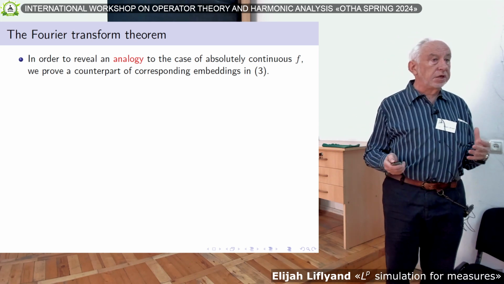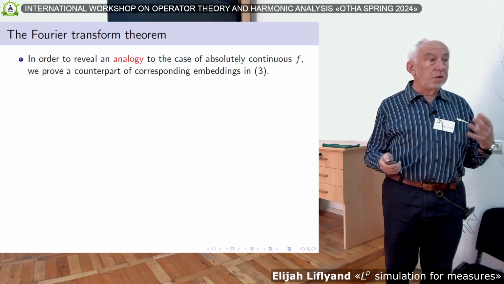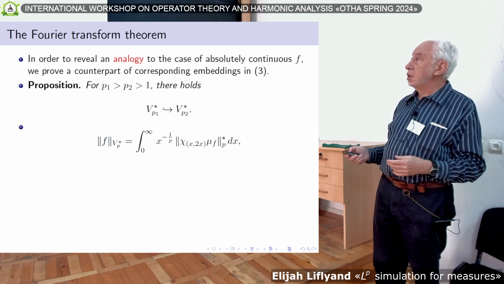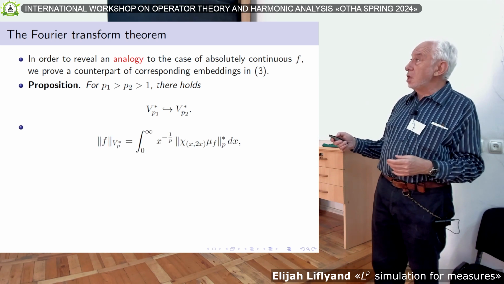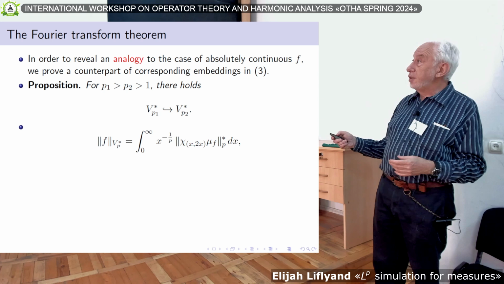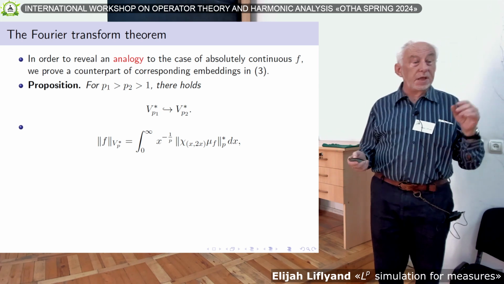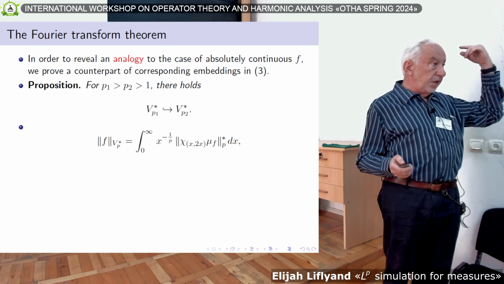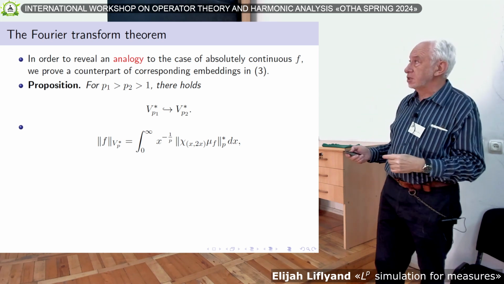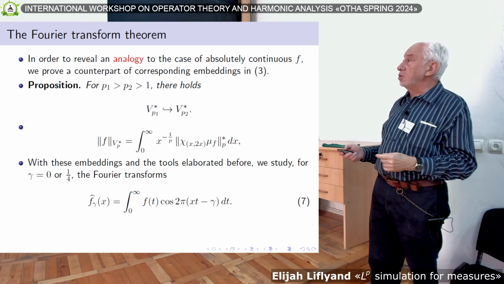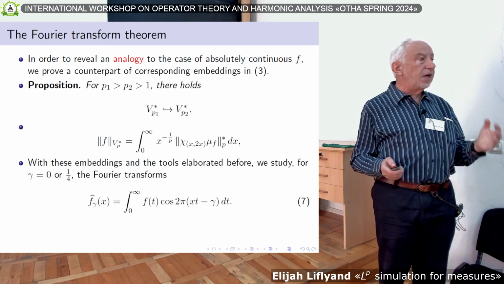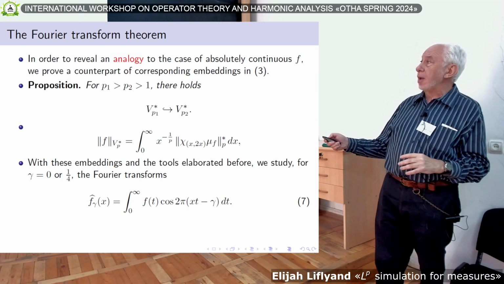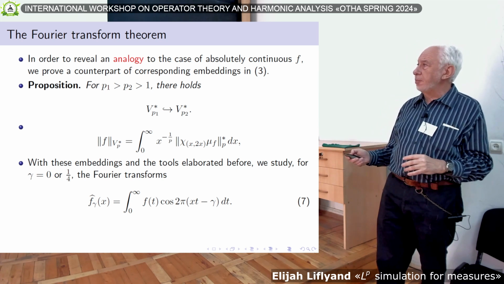Now we are again in the one-dimensional setting, and we introduce these norms. This is an analog of those LP spaces, but for measures. And now we consider both the sine and cosine Fourier transforms by applying this parameter gamma.